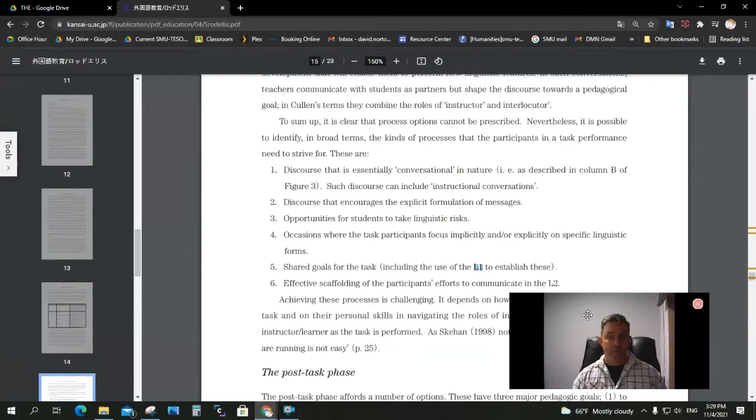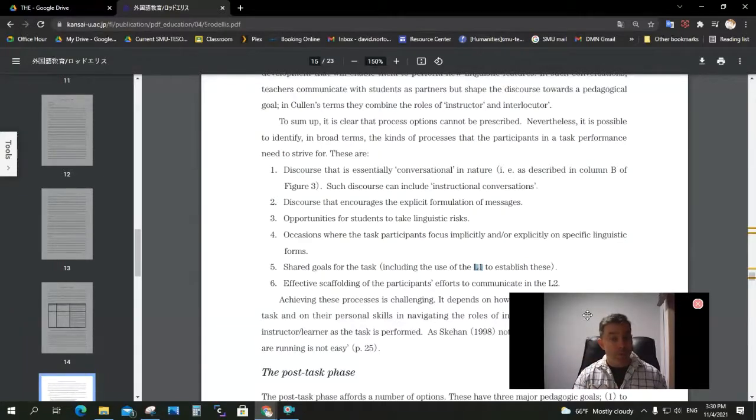Conversational discourse. Okay, so how they're talking in a normal conversation, that's one of the processes that we strive for. Number 2, discourse that encourages the formulation of messages explicitly. Okay, so how they're going to express themselves explicitly in that interaction.